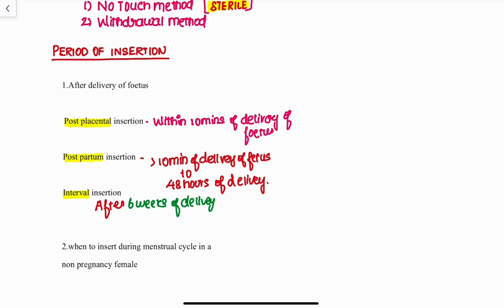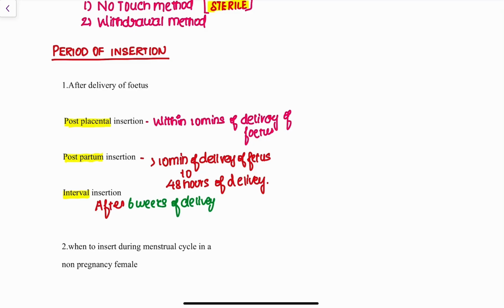The second category is a non-pregnant female. In a female after delivery of the fetus, when can this device be inserted? There are three possibilities provided to us. One is post-placental insertion, second is postpartum insertion, and the third is interval insertion.